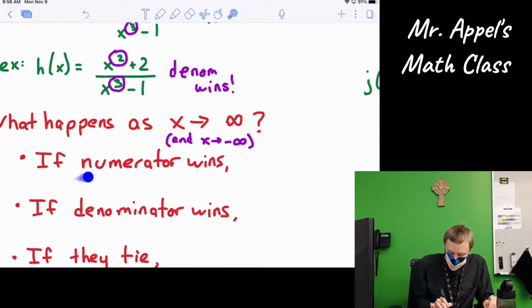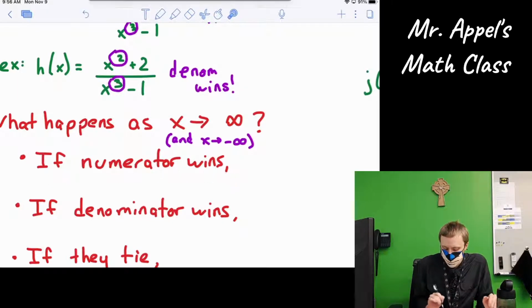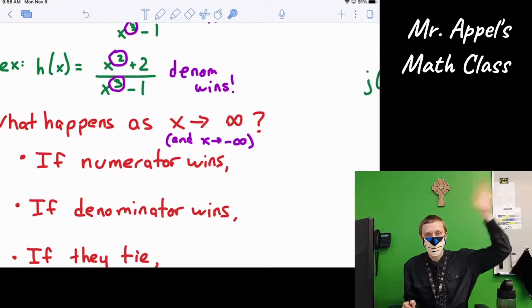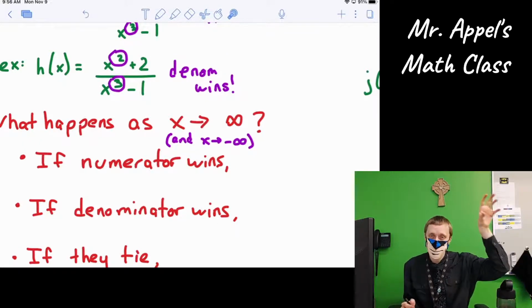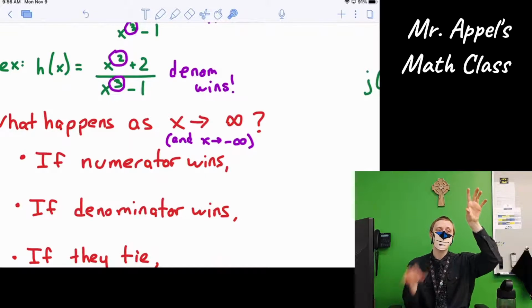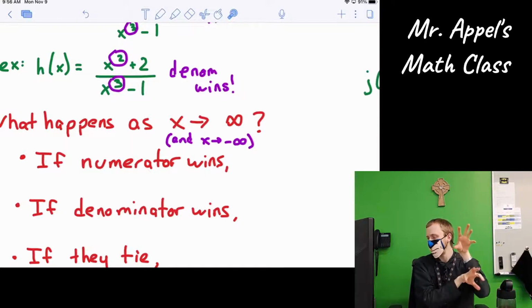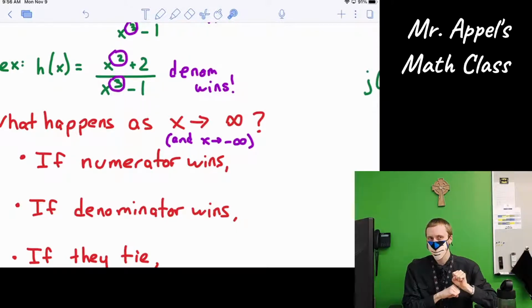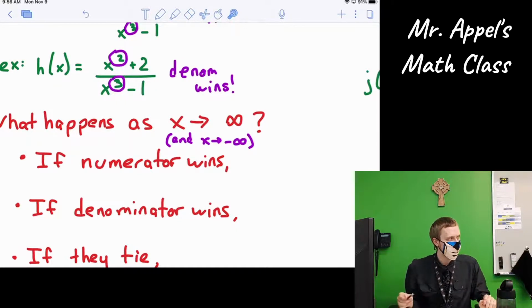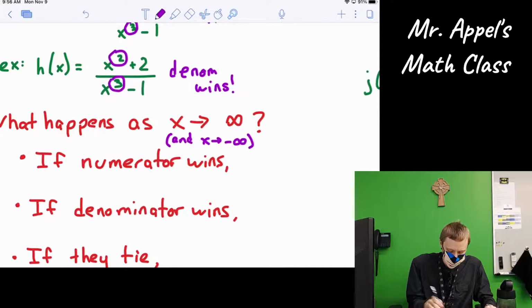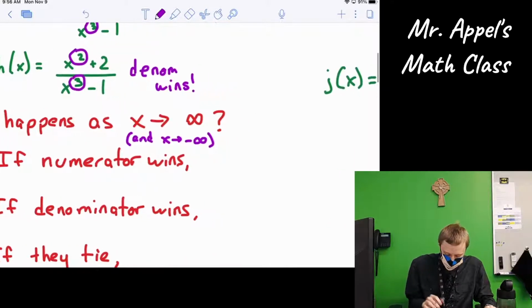If the numerator wins, that is to say, you have several millions multiplied together on top, divided by 1,000,000, but fewer millions in the denominator. What happens there? Just think in terms of x's.